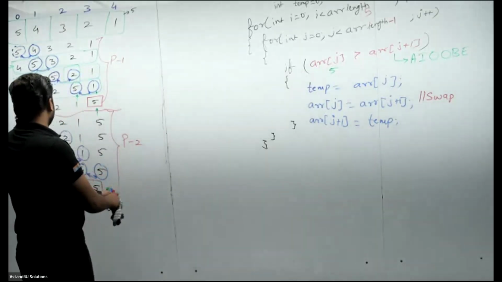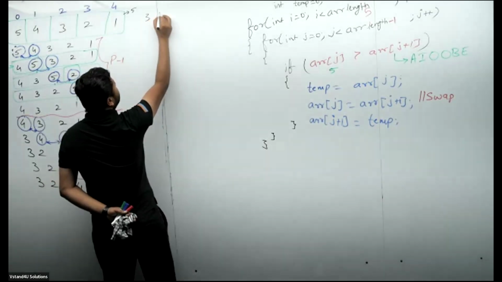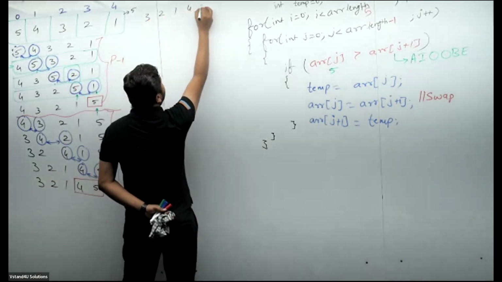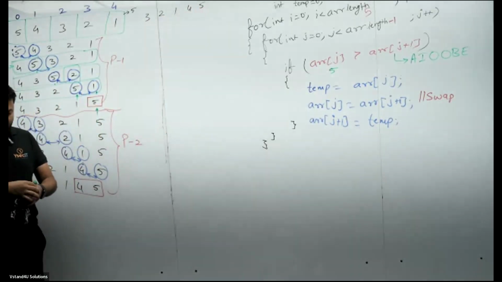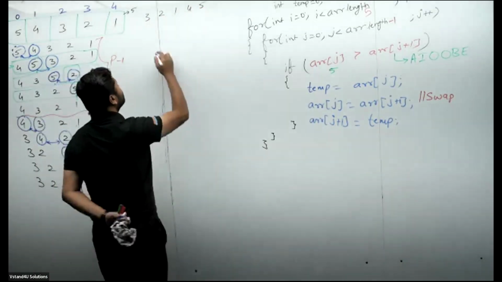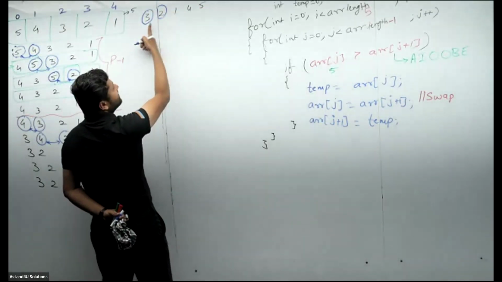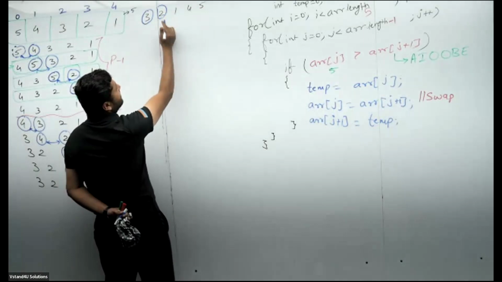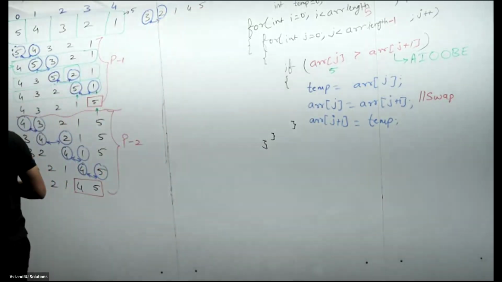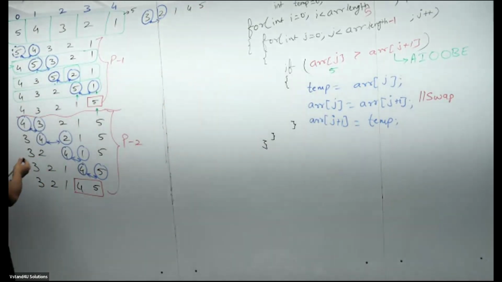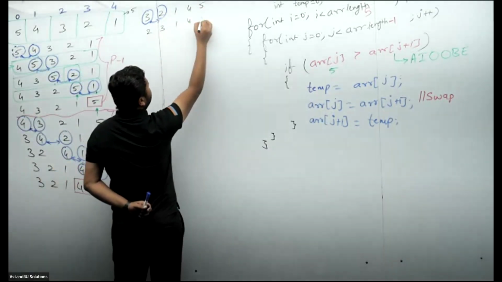Now, what is the numbering we have? 3, 2, 1, 4, 5. We will do comparison between these. We will always start from the 0th index. If the existing element is greater than the next element, then after swapping, the numbers will become 2, 3, 1, 4, 5.